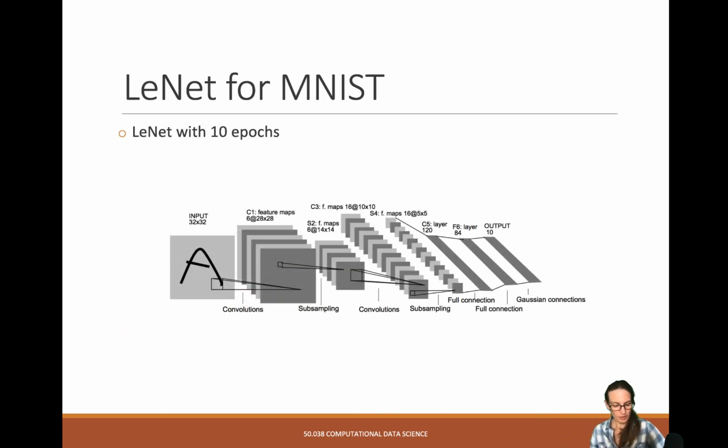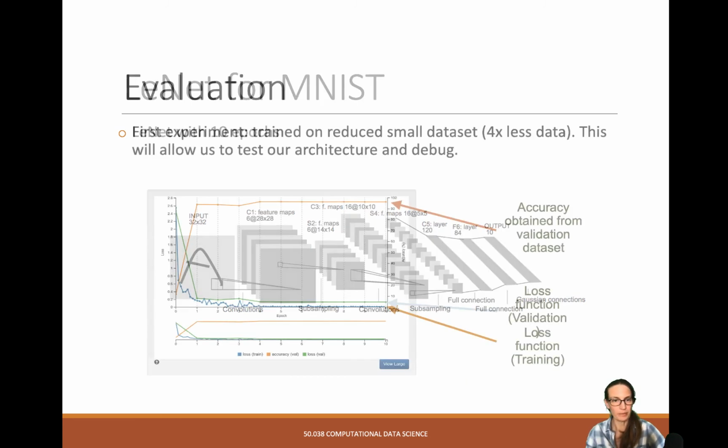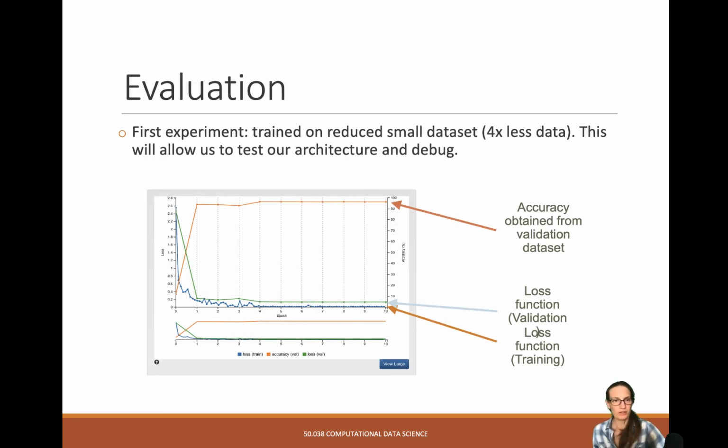So let's implement LeNet for MNIST. I did this for you, and we did convolution, pooling, and then 2 fully connected layers with the binary cross entropy. If I run this, then basically what do I see?